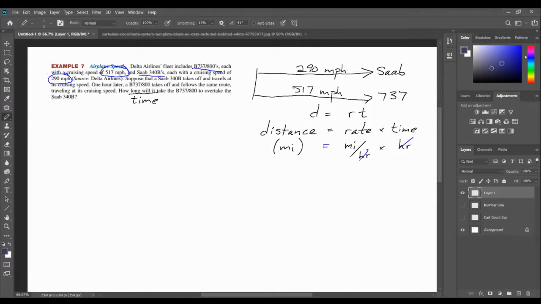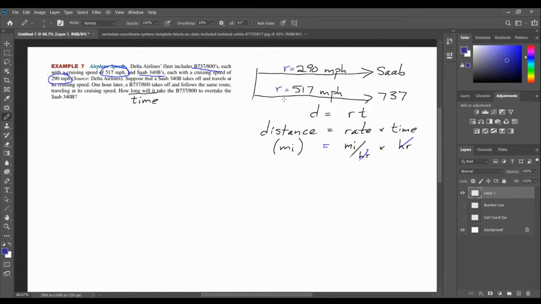So now we need to assign, let's see, we've got rate, that was given to us. So these are R values. We need time. We need to figure out distance. Well, 1 hour later, the B737 takes off. So the 737 is flying 1 hour fewer hours than the Saab.